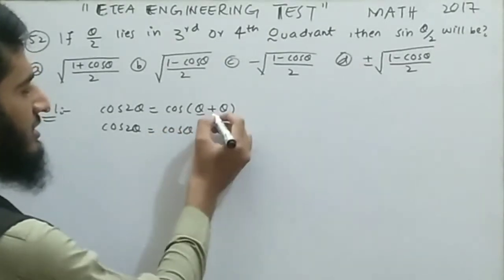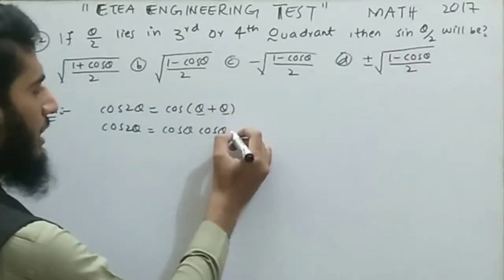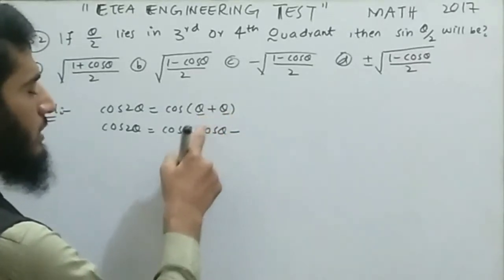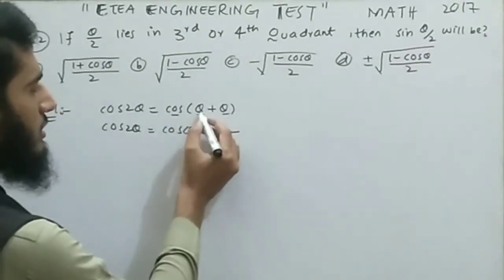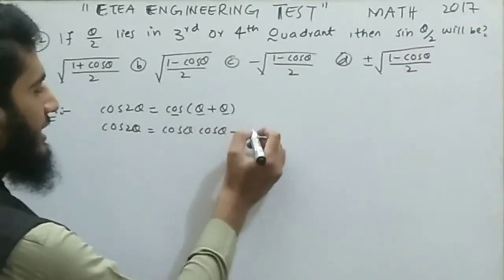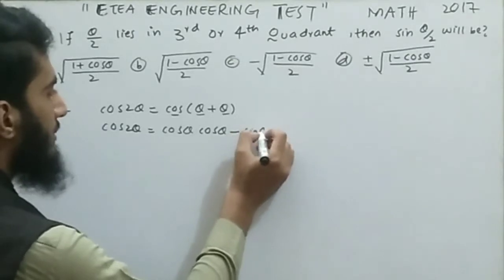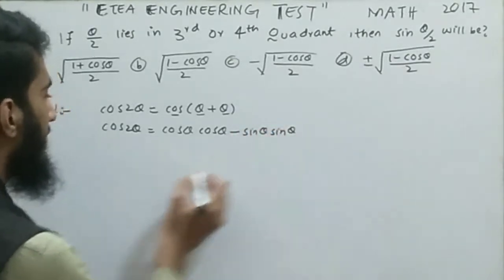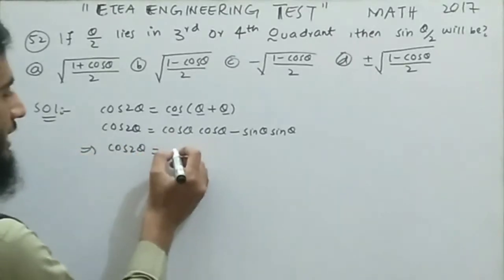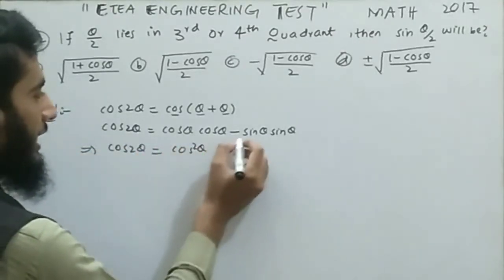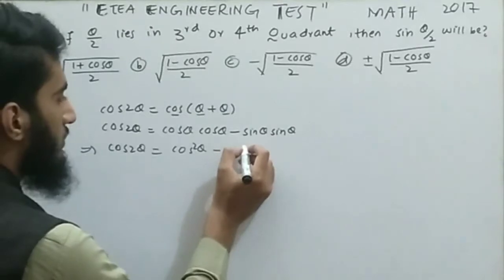After this, it changes the sign: if it is plus, it converts into negative, and if it is negative, it converts into positive for the cos function. Then theta and theta are taken by sine, so it becomes sin theta and sin theta. So cos of 2 theta is equal to cos theta into cos theta, which gives cos square theta, and minus sin theta into sin theta, which gives sin square theta.